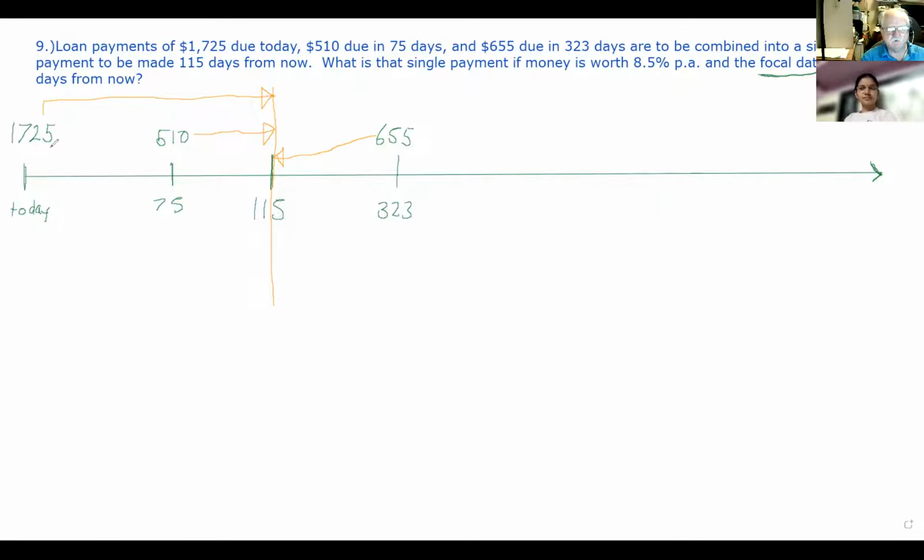So we have two formulas here, basically. S equals P(1 plus RT) for moving money forward.